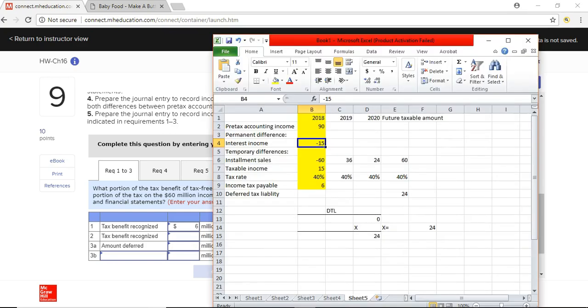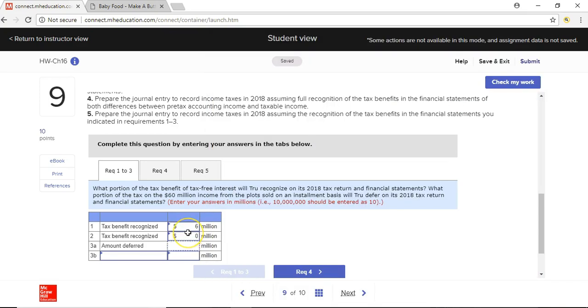On the financial statements, that means accounting income, interest income needs to be included in the income tax expense calculation. So zero benefit is recognized on the financial statements.